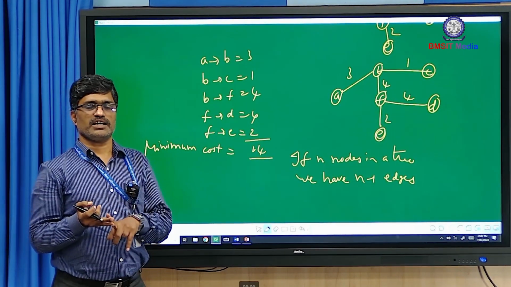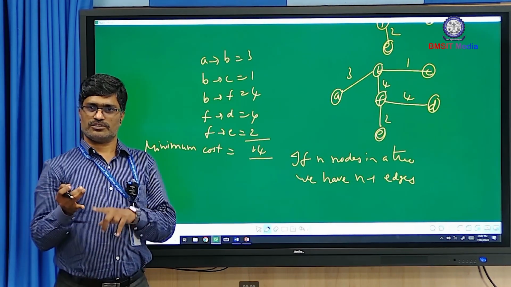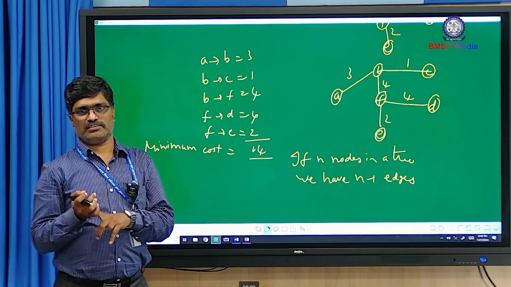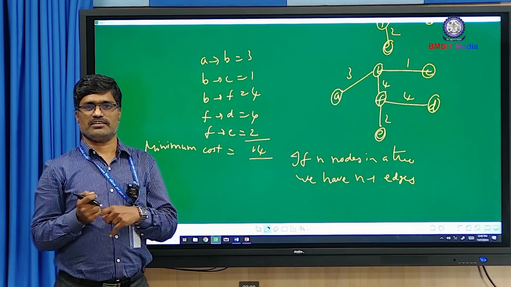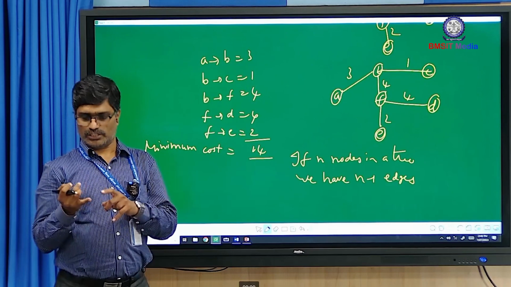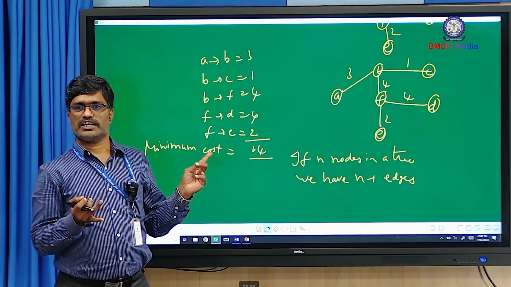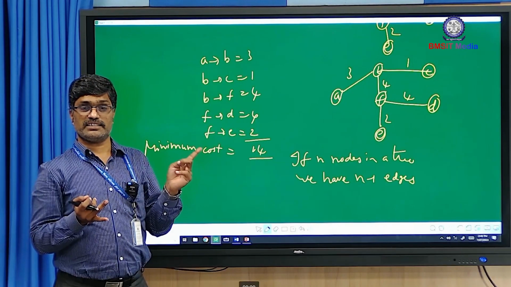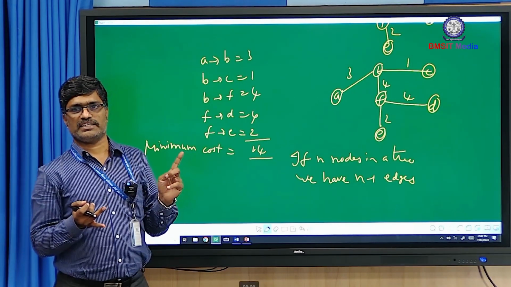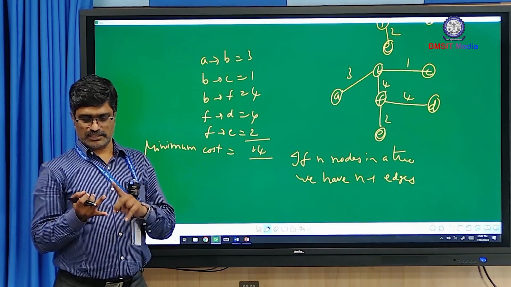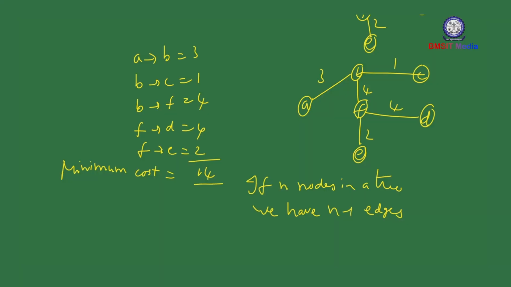Sometimes they will ask viva questions: can you list out the techniques without cost? That is BFS and DFS. If they ask what spanning trees with cost you have drawn, it is Prim's algorithm, Kruskal's algorithm and Dijkstra's algorithm.